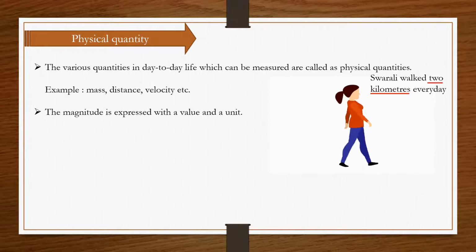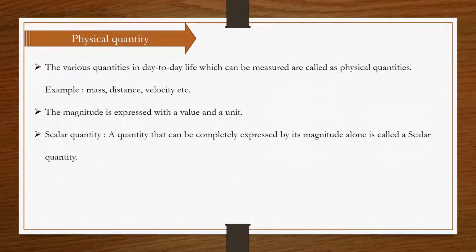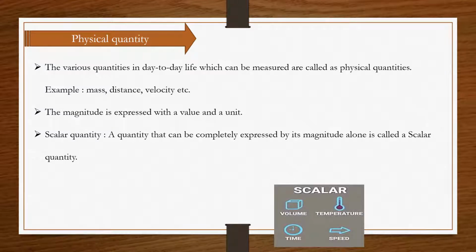A quantity that can be completely expressed by its magnitude alone is called a scalar quantity. For example, only magnitude, that is a value with a unit, is used to express quantities such as length, breadth, area, mass, temperature, density, time, work, volume, speed, etc. Thus, we say that the length of a tunnel is 2 kilometers.